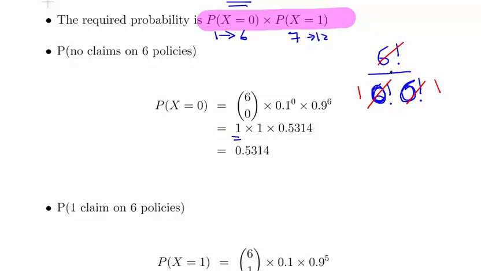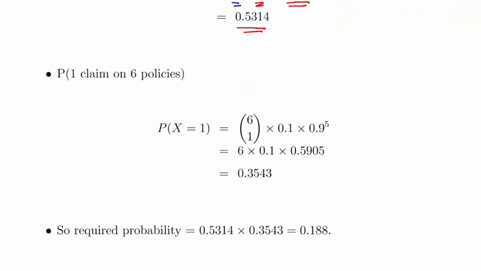So it just resolves into 1. 0.1 to the power of 0 is 1. And so we'll end up with 0.5314. That is 0.9 to the power of 6, that's the 1 minus p, which is the probability of a failure, or no claims. So 0.5314 is the answer to that first part.